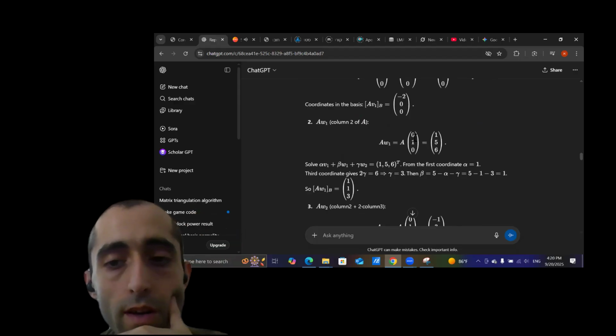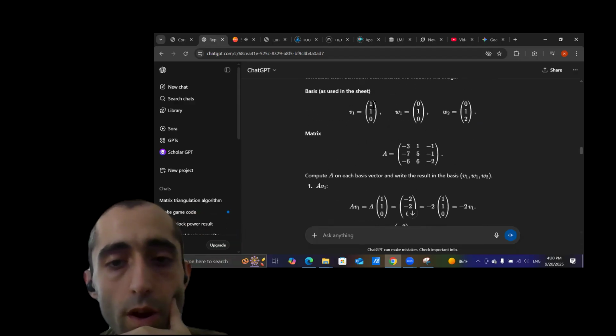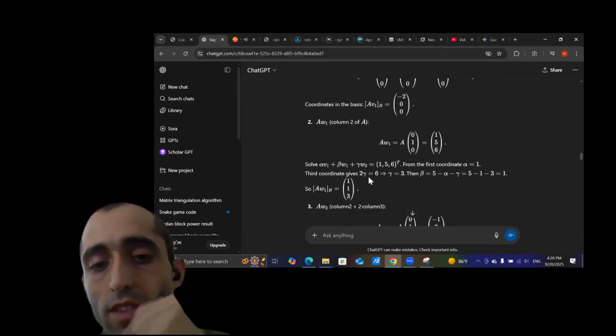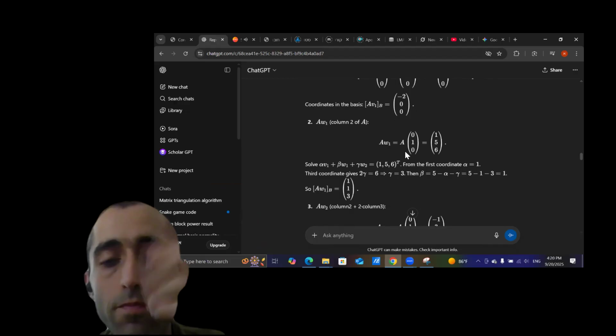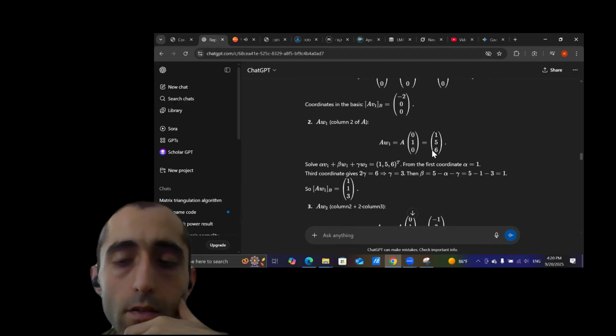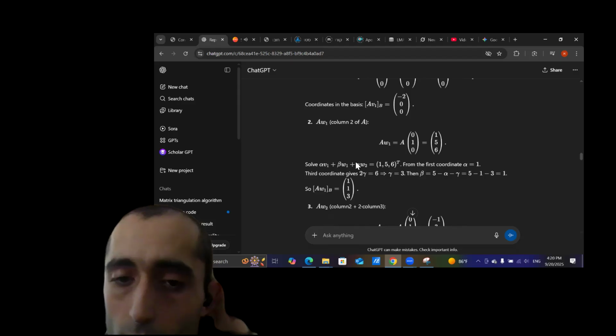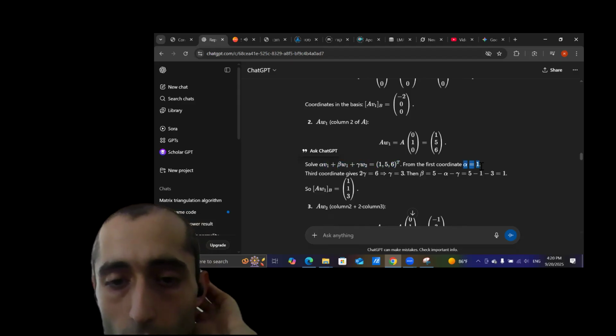For the first coordinate, we want to take from V1 only 1. For the second, you just solve a linear system. And when we solve it, we get alpha equals 1, so for V1 it is 1. And beta equals 1. And gamma equals 3.